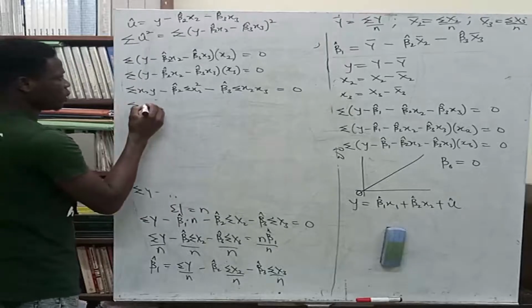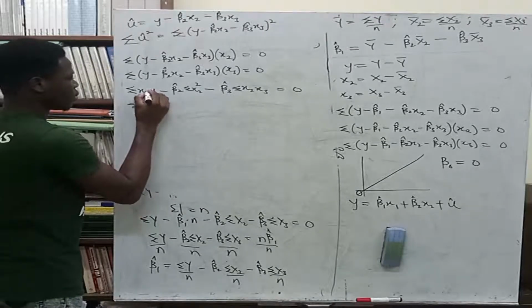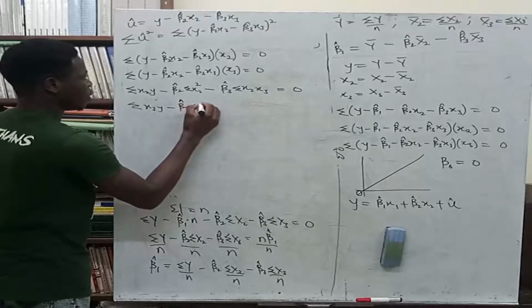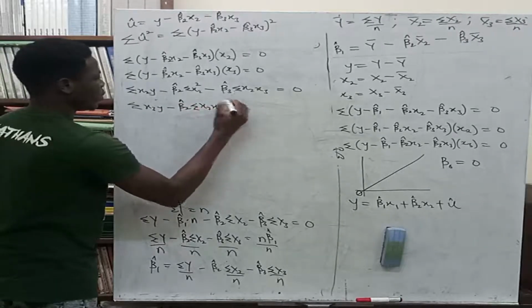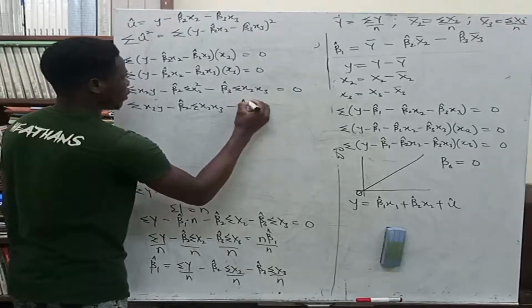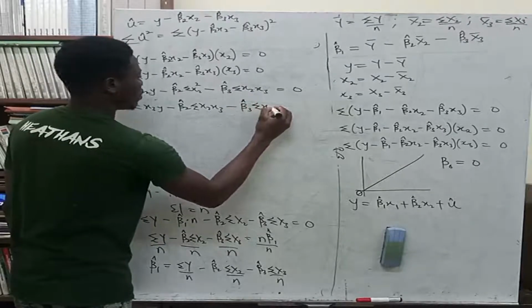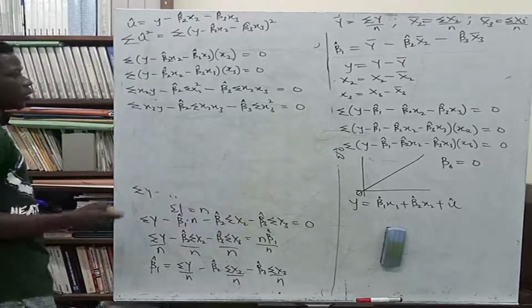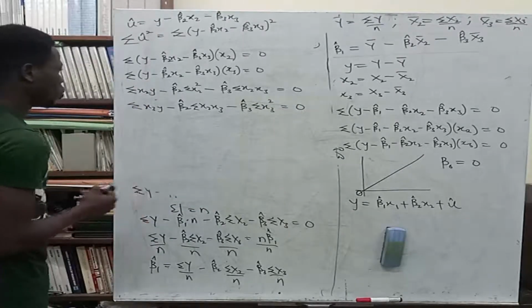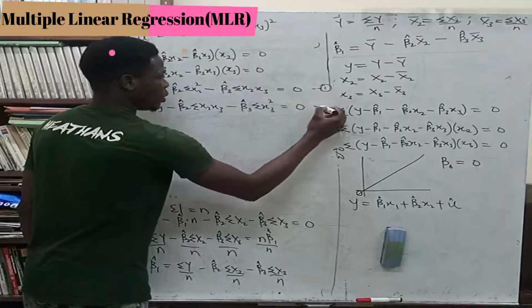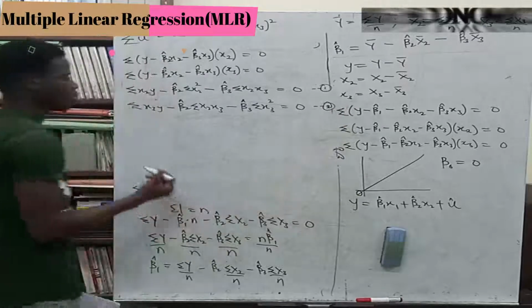Then we have summation x3y minus beta 2 summation x2 x3 minus beta 3 summation x3 squared equals 0. So these are the two equations we're going to be working with. Let's call this equation 1 and equation 2.